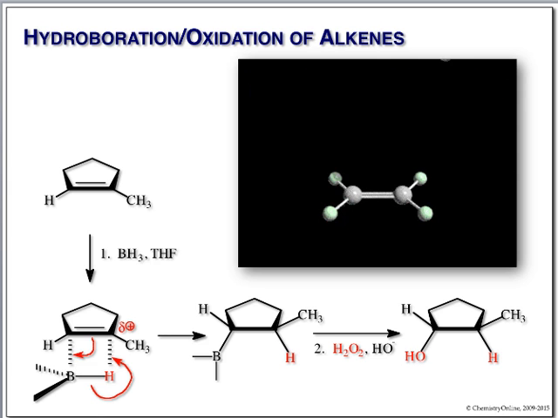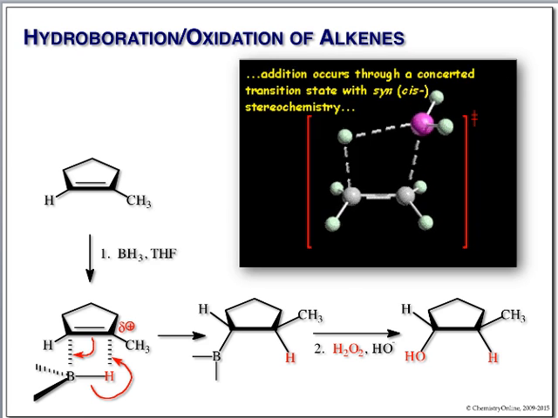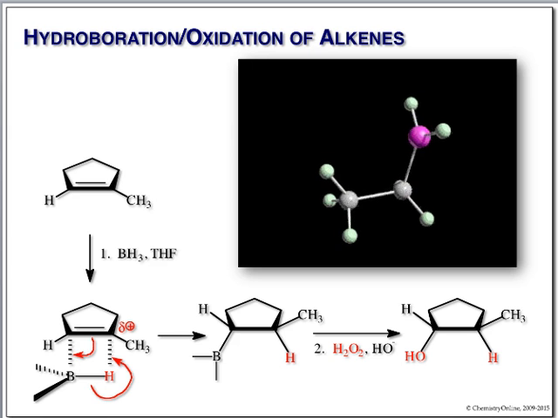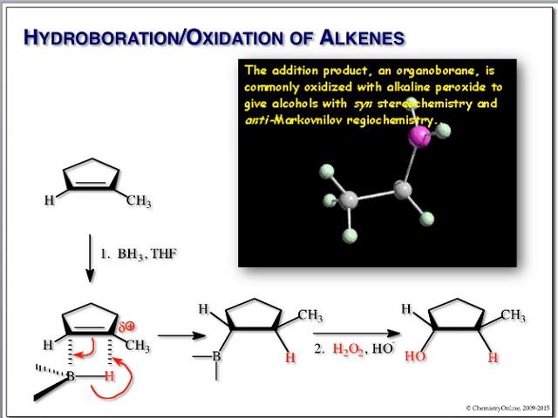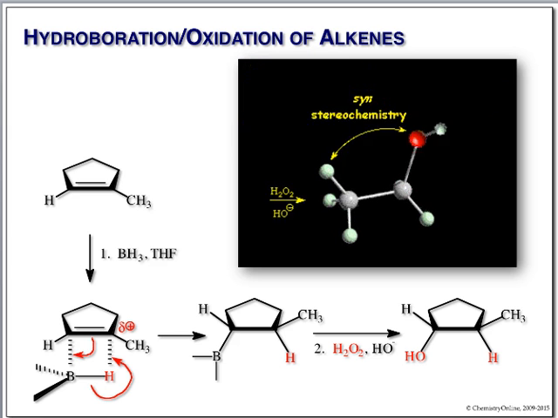Watch it as it comes in. Both bonds happen at the same time. There's the transition state. And there's the organic borane. Oxidize it, and this goes to the alcohol. Any questions?